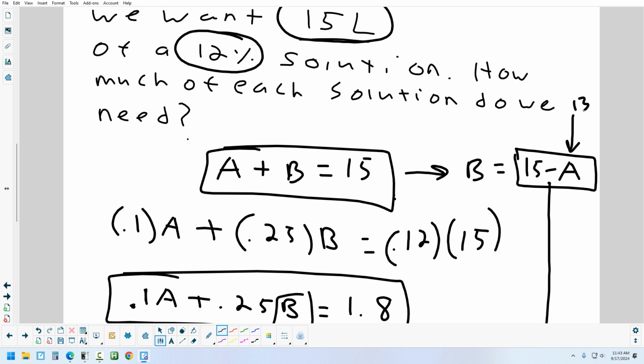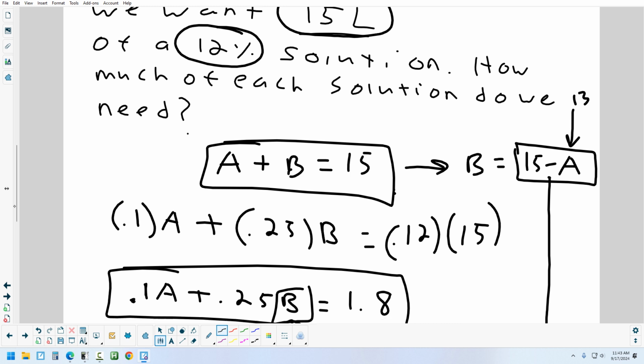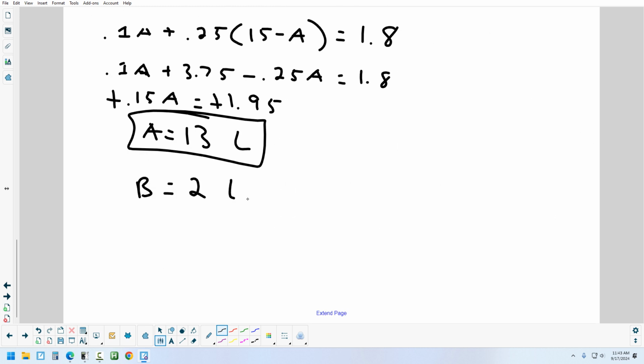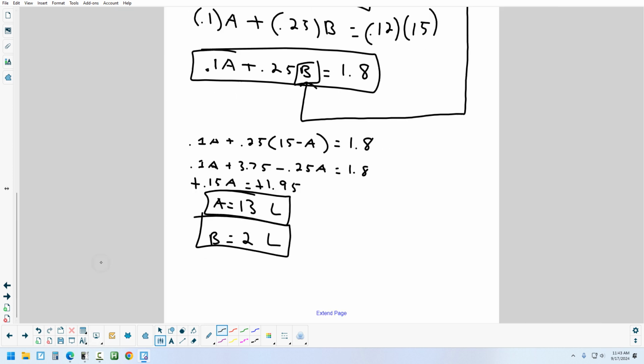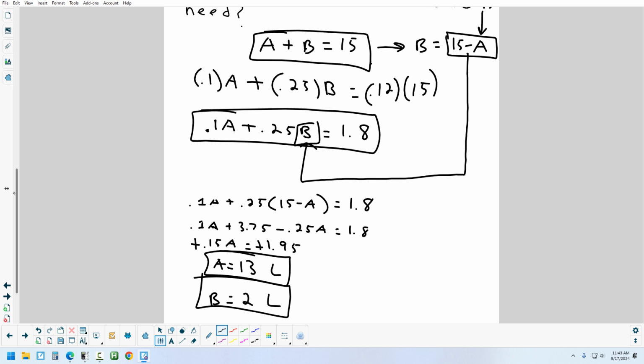So how many liters of solution B? 2. Yep. It's a little more advanced application for linear equations, but still just linear. Any question on solving that system? That's all your work right there.